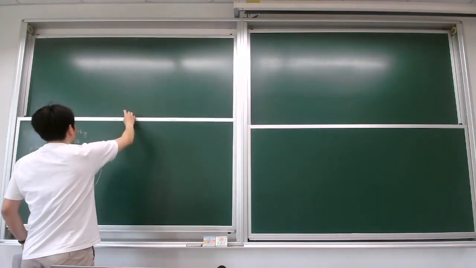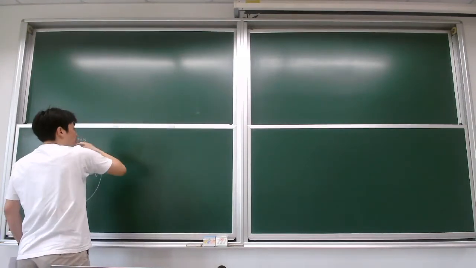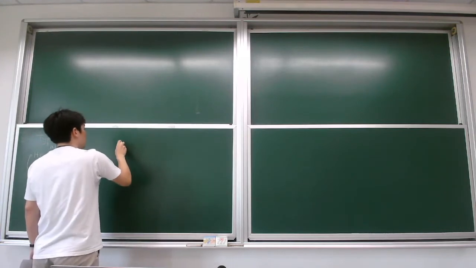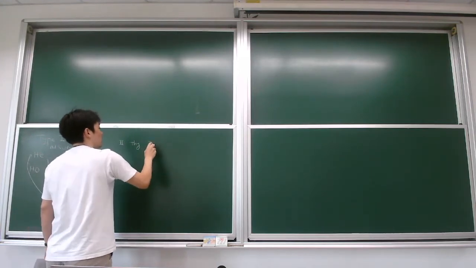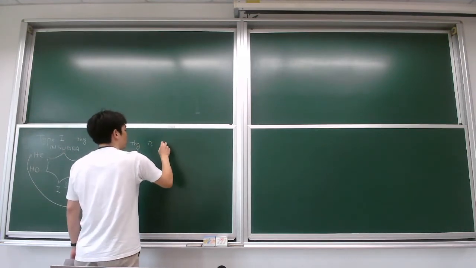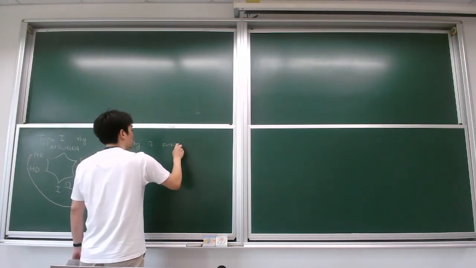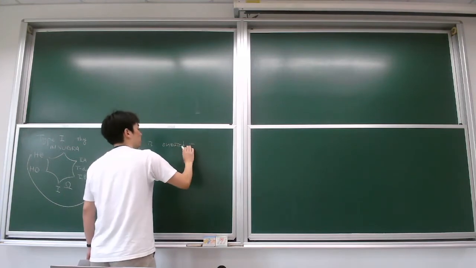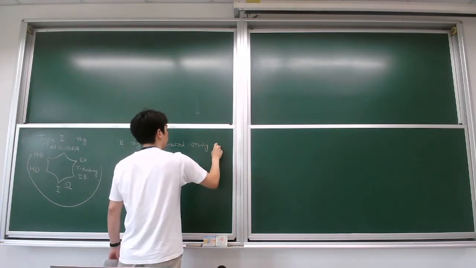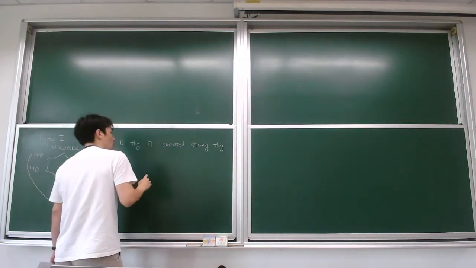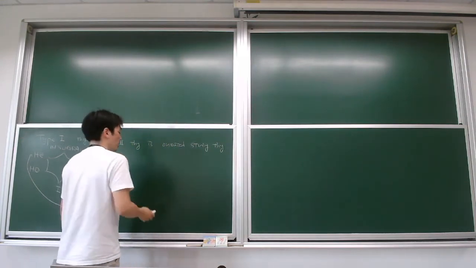So far we have considered type 2A, type 2 theory, which is the oriented string theory. Oriented means the worldsheet is oriented.